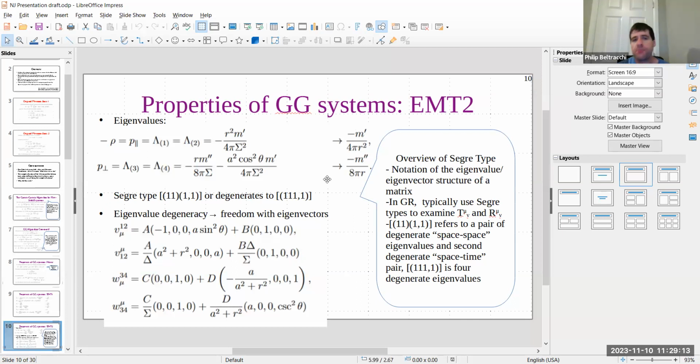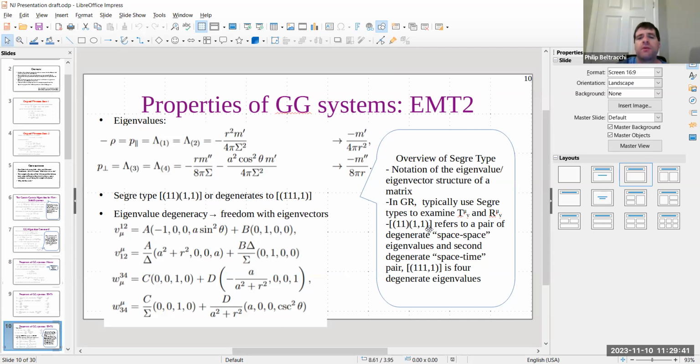Because we have 2 pairs of 2 degenerate eigenvalues, this is called Segre type [1,1](1,1). In general relativity, we typically use Segre type to examine the structure of the mixed index energy momentum or Ricci tensors. By the Einstein field equations, these have an equivalent Segre type.